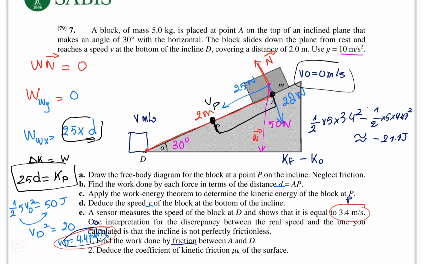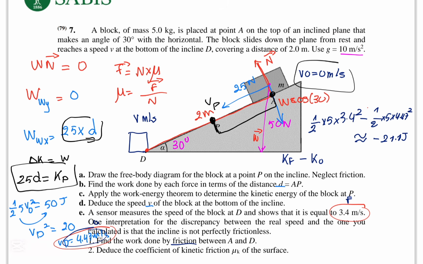Now part 2, they said deduce the coefficient of friction, mu. You should know that friction is equal to the normal push multiplied by mu. So mu is equal to the force divided by the normal push. The normal push is equal to the weight component Wy, which is W cosine theta, where theta is 30 degrees.